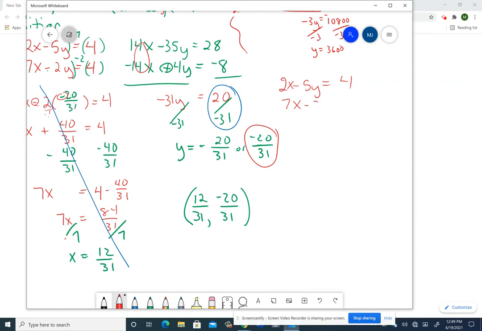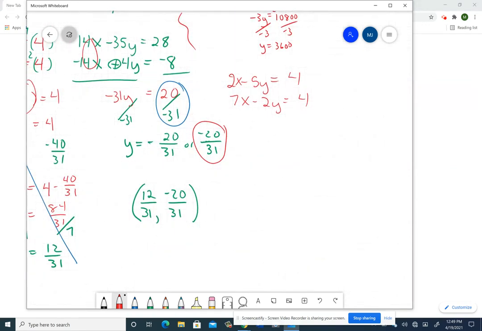And instead of plugging in this messy number, this 12 over 31, negative 20 over 31, and going through all those fraction things, what we could do is just go back to the original problem, start over again, and eliminate the y.